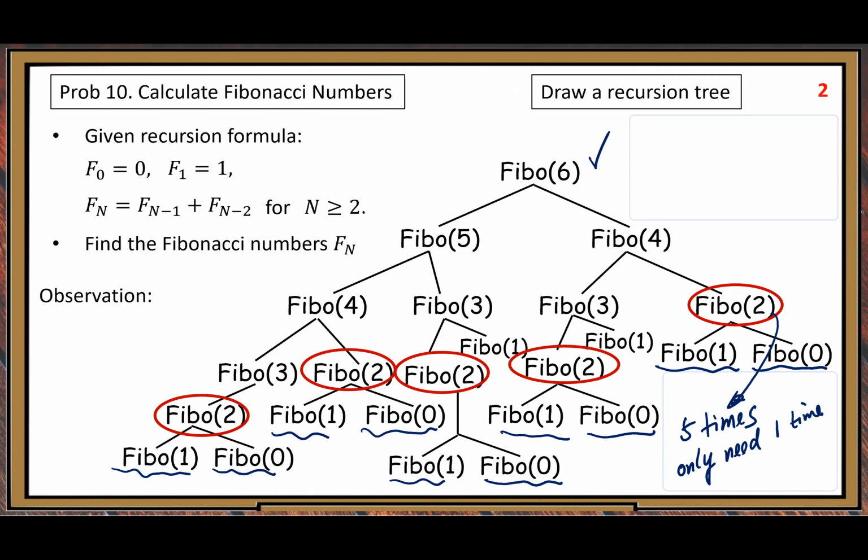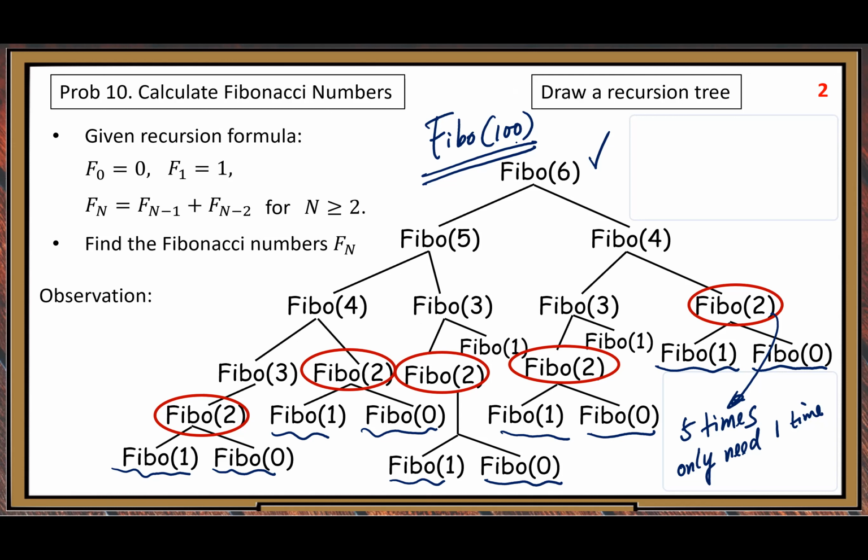Then you can imagine when the Fibonacci number is big. Here I just consider Fibonacci of 100. Can you imagine how big the tree is? If the root is Fibonacci of 100, the recursion tree is very big.